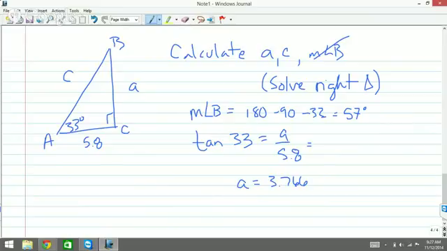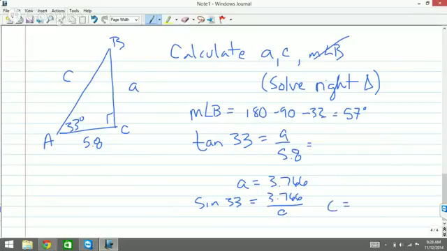Okay, and what about C? You can use the Pythagorean theorem now. You can use sine, or you can use cosine. Pick one. Sine? Okay. Sine of 33 is A over C. A is 3.766. Remember that C is division this time.